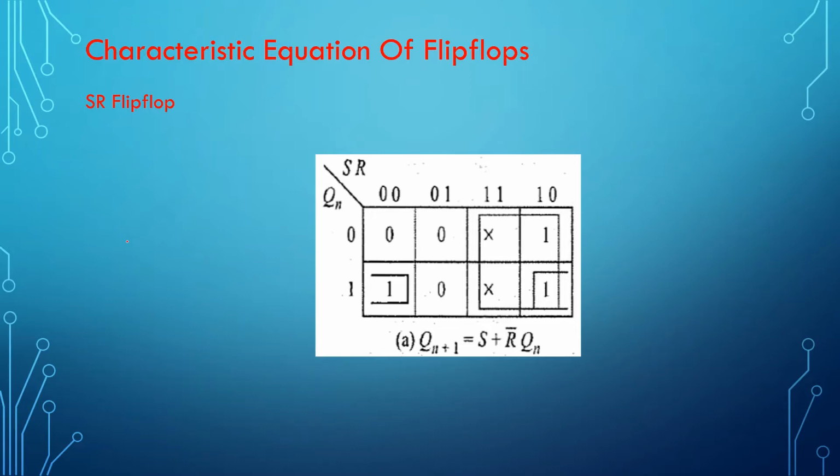We also studied the different kinds of flip-flops, for example SR, D, JK, and T flip-flop, and how the behavior of these flip-flops differs from the others. We checked some applications of SR flip-flop and JK flip-flop.